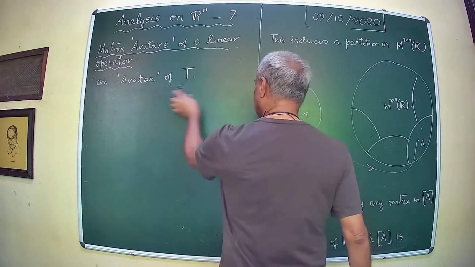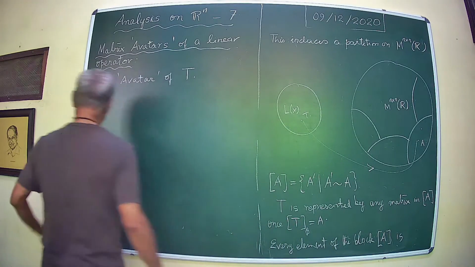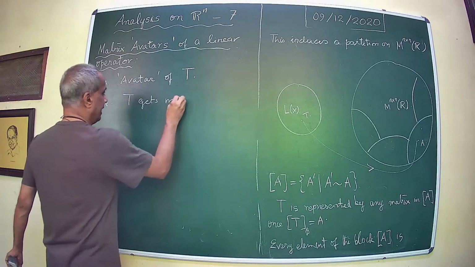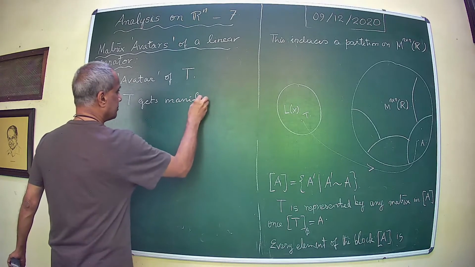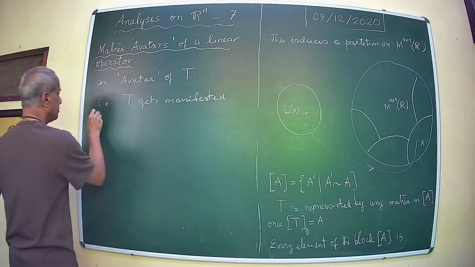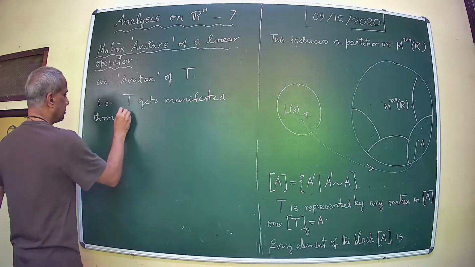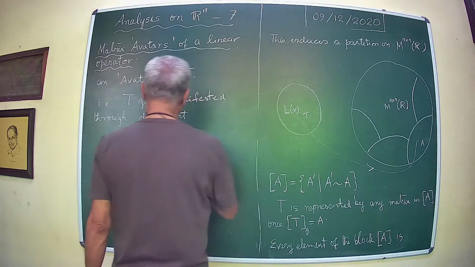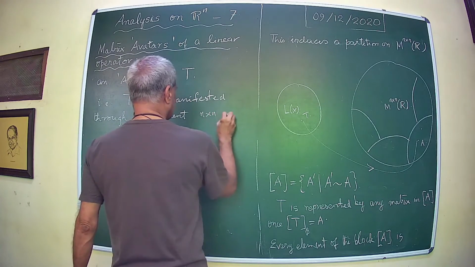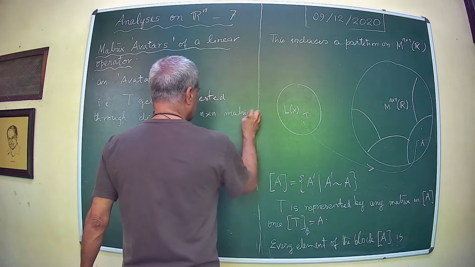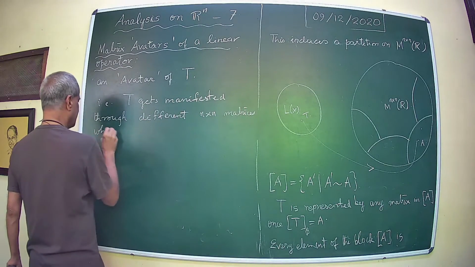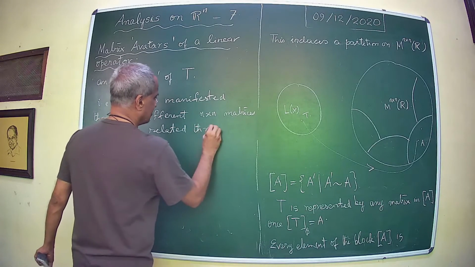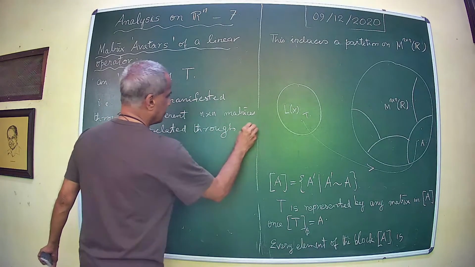The T gets manifested through different matrices, which are related to one another.